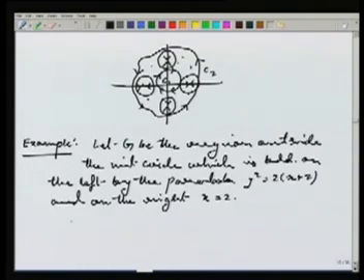Okay, I want to evaluate, so let me draw the region here first.